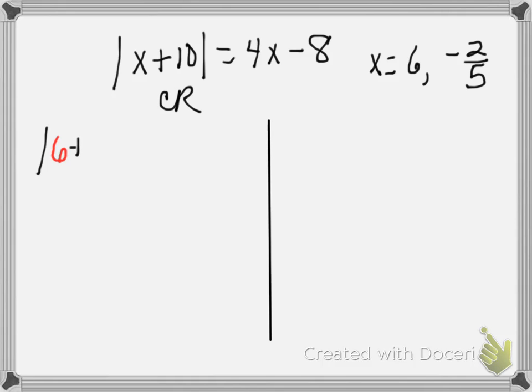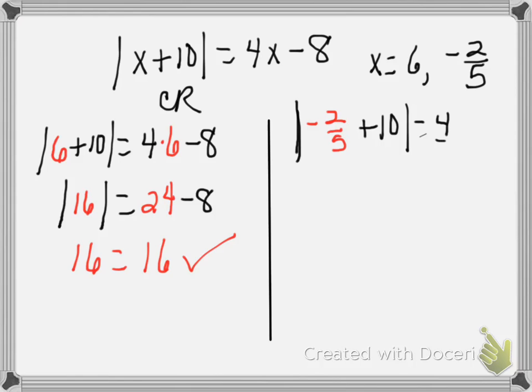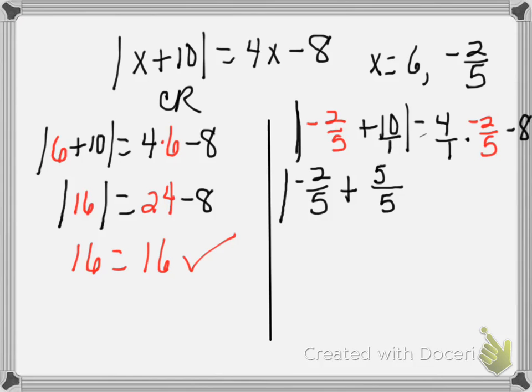So I'm going to check each one. So I turn that 10 into 50 over 5.